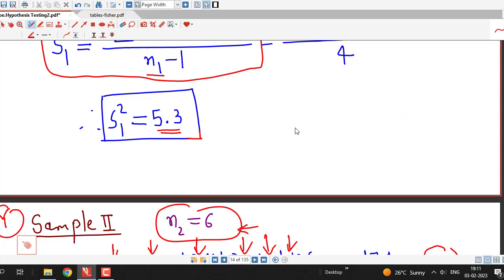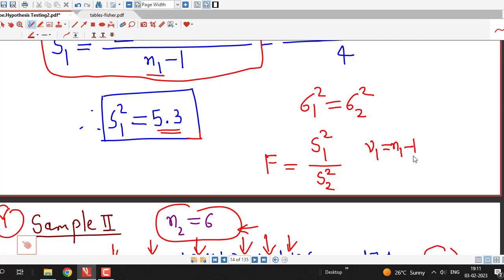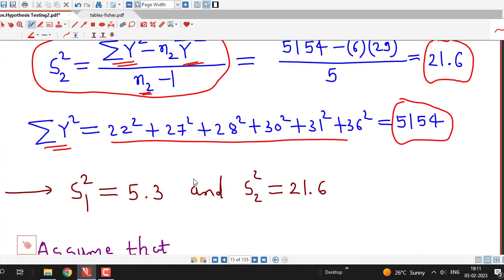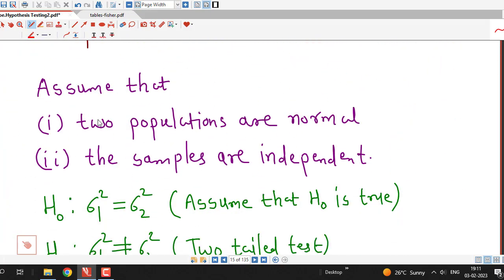Therefore we can apply the F ratio test, and we assume that the null hypothesis is true, and under this assumption our test statistic for this hypothesis test is the ratio of sample variances, that follows an F distribution with numerator degrees of freedom equal to n1 minus 1 and denominator degrees of freedom equal to n2 minus 1. And before that I have to write all these things.